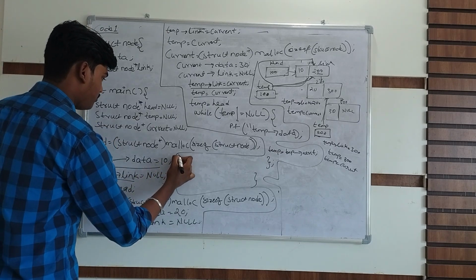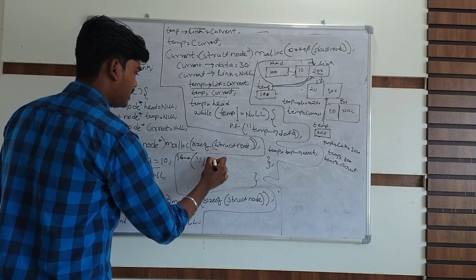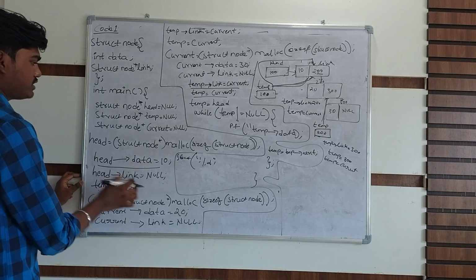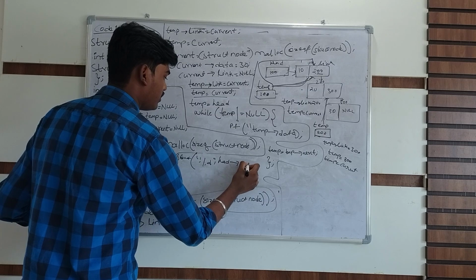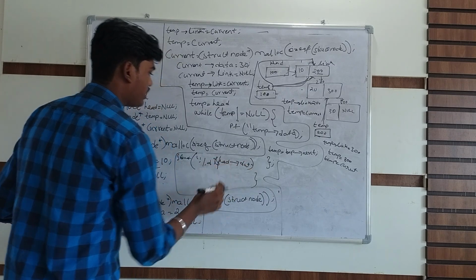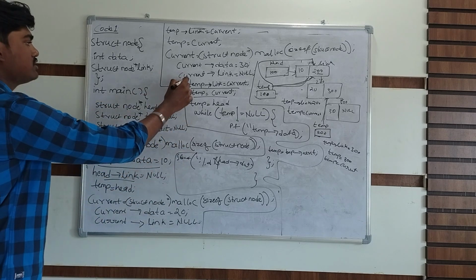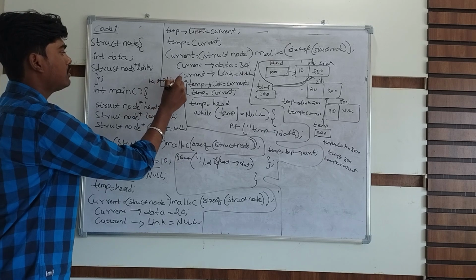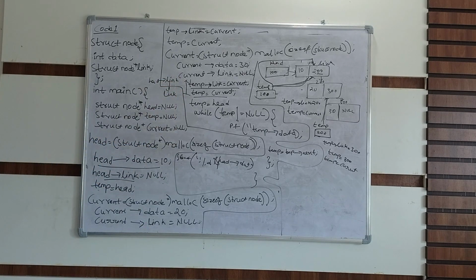By using scanf with %d, where we store the address into the pointers, head pointing to the data. Like that we can give it dynamically also. Here instead of these three lines, we can use head link. We can use it like this also.